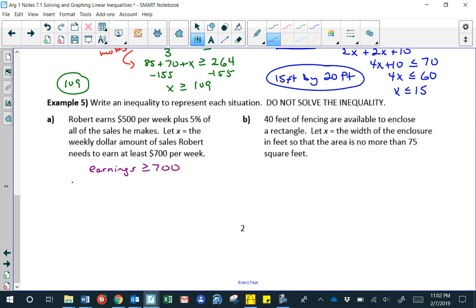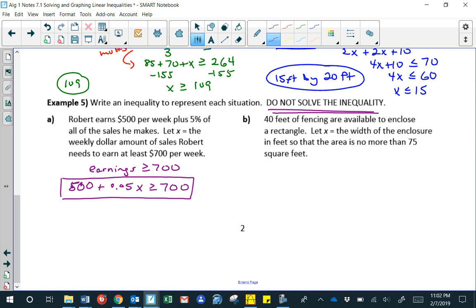We know that Robert's earnings are $500 plus 5%, which is 0.05 of, which means times, all the sales that he makes, which is represented by x. So our inequality is 500 plus 0.05x is greater than or equal to 700. Do not solve the inequality, so I'm just going to circle the inequality that I wrote.